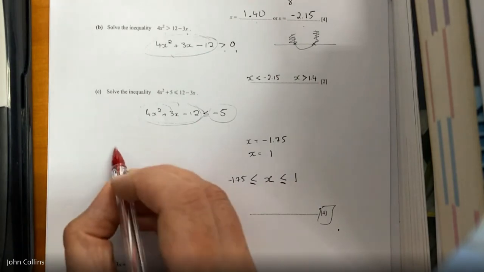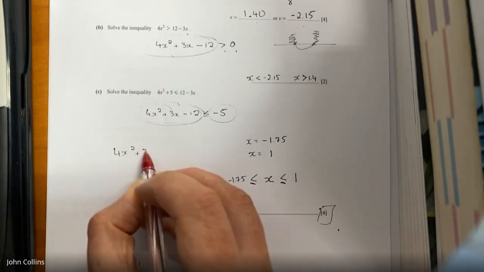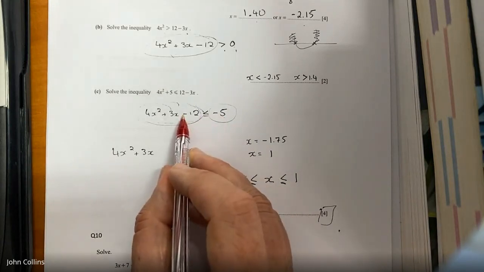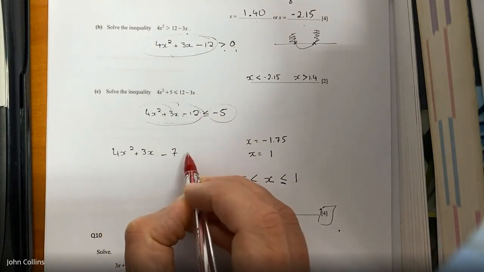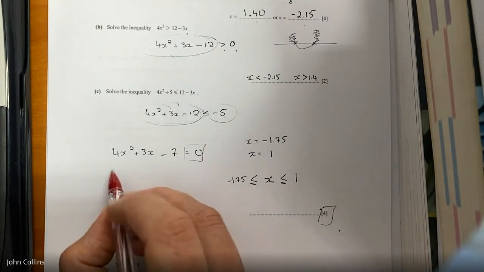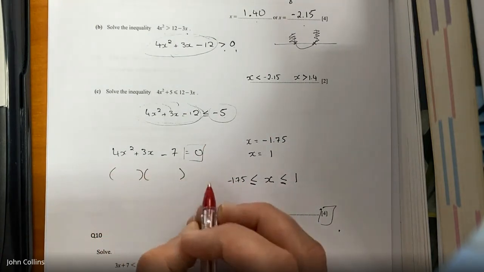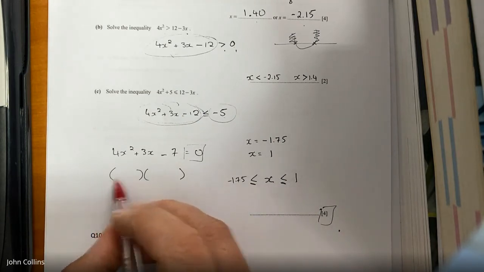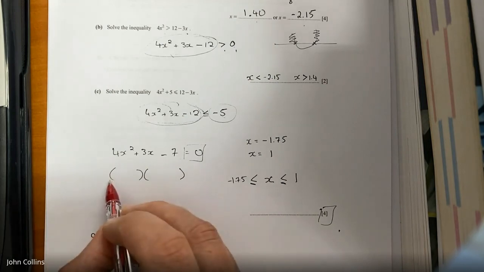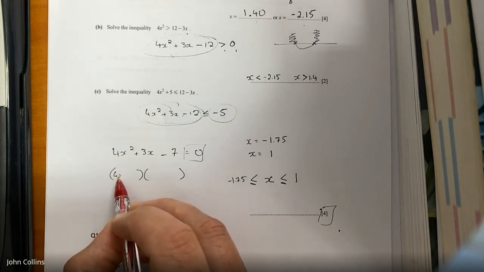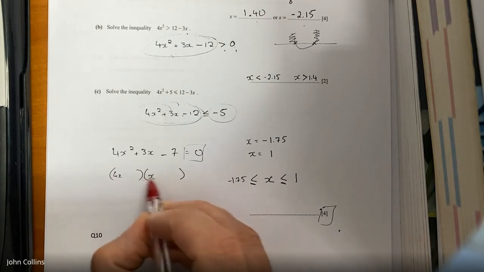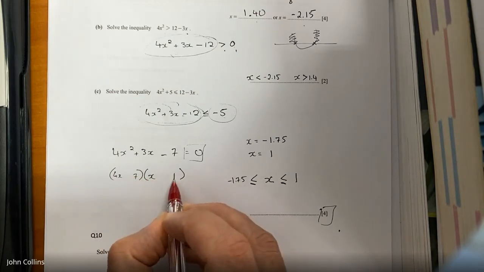To do it algebraically, I will do 4x squared plus 3x. Bring that back over and make that plus 5. That's minus 7. You can equal it to 0 for now. We'll come back to that. Factorize it. 4x, x, 7, 1.